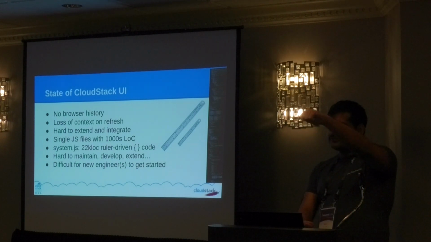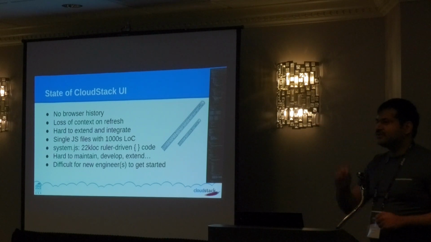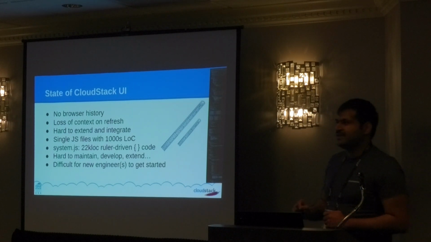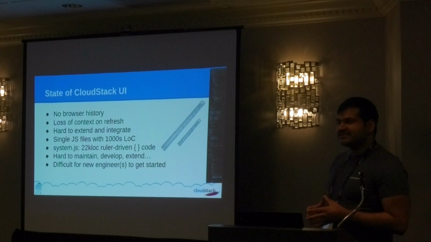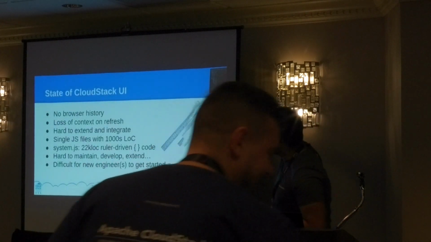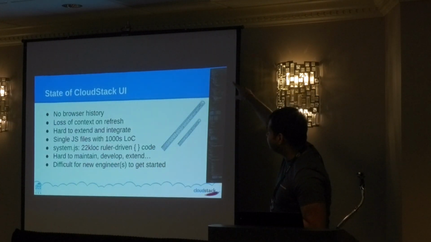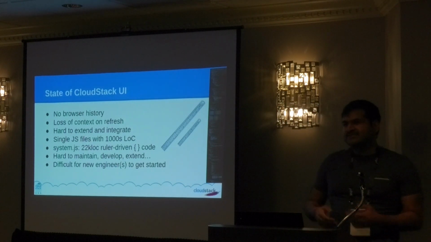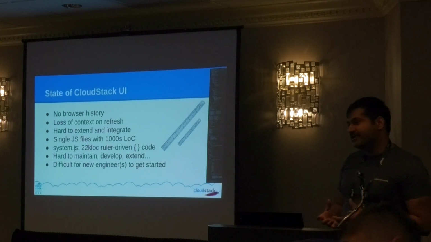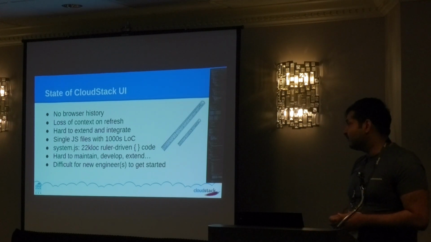Then they'll use a large ruler to match and ensure that the braces are properly closed. That's actually for real, and you can see a screenshot of the system.js file, with a lot of indentations and whatnot, and that's how the CloudStack UI was and is being developed.